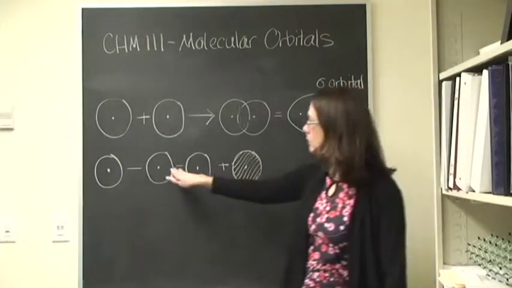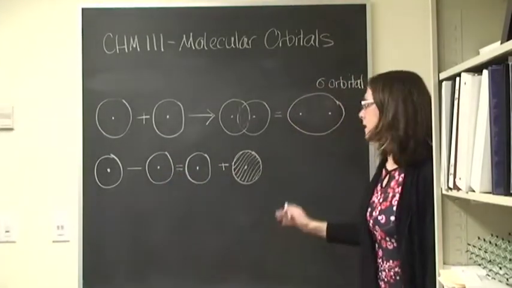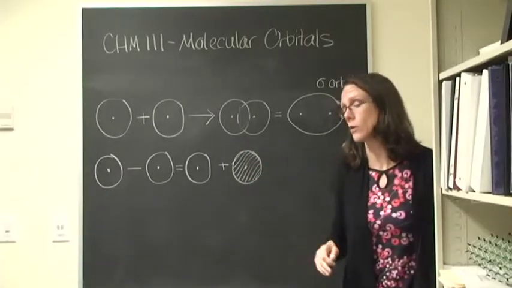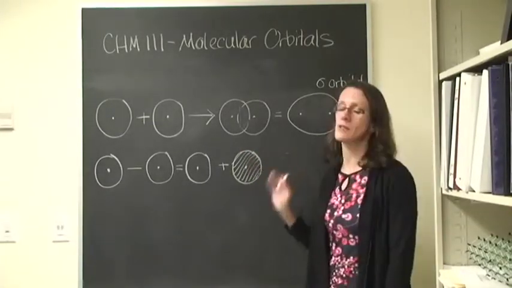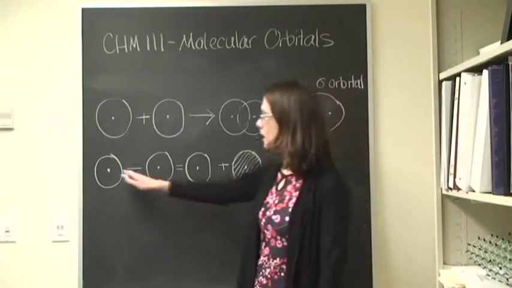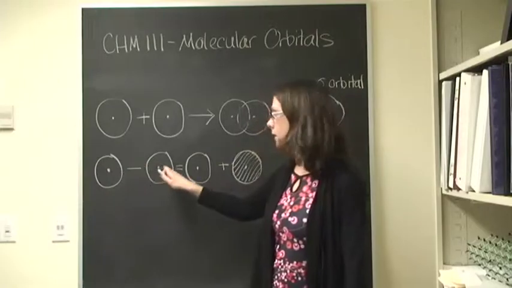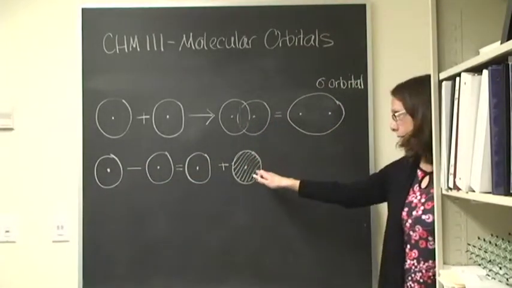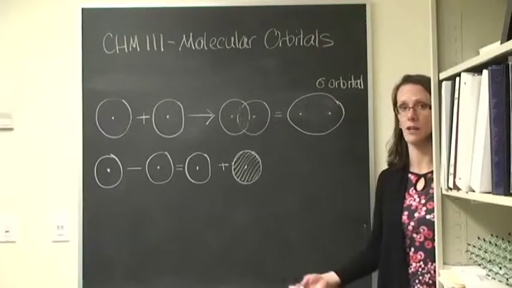And the negative of a 1s orbital is that same orbital shaded, and as you will remember from p orbitals, the shading means that the sign of the wave function has changed. So if psi for the 1s orbital has a positive value in both of these, when I take the negative of that, I have psi with a negative sign, in this case shaded.